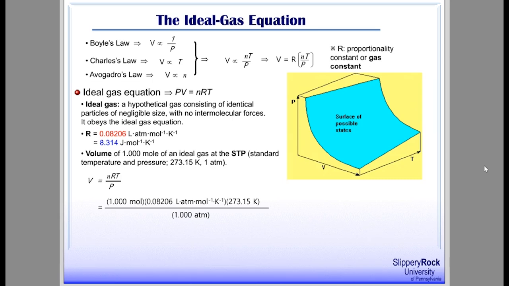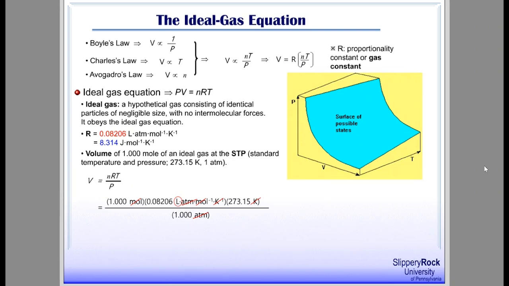1.000 mole times 0.08206 liter atm per mole per Kelvin times 273.15 Kelvin divided by 1.000 atm. The units of mole, Kelvin, and atm are cancelled. The remaining unit is liter, which is a unit of volume.